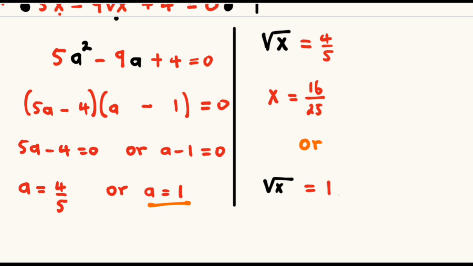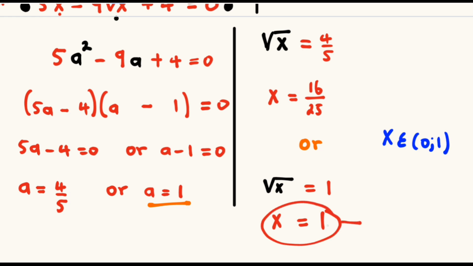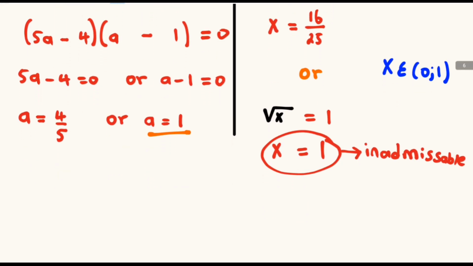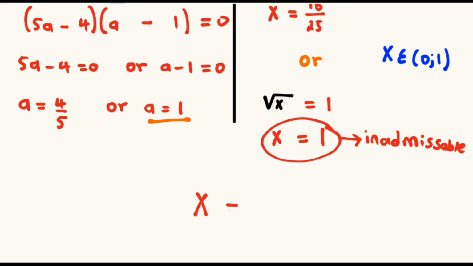Squaring both sides of the equation, our x will be equals to 1 squared, which is equals to 1. But remember that x was an element from 0 to 1, where the 1 and the 0 were excluded. This solution will be inadmissible. Instead, our x will be equals to the 16 divided by 25.